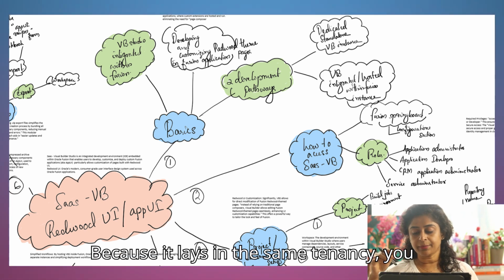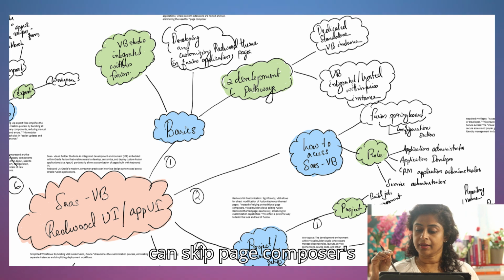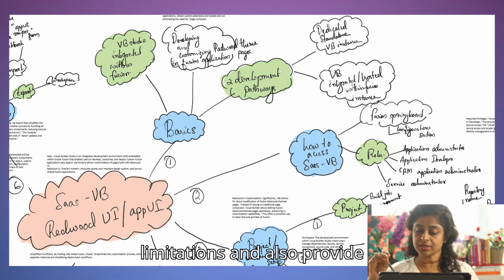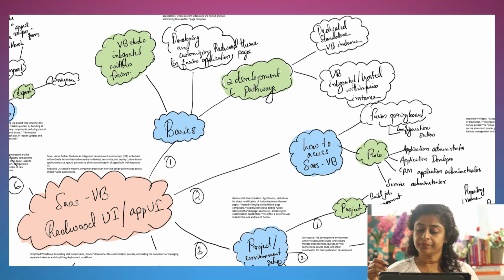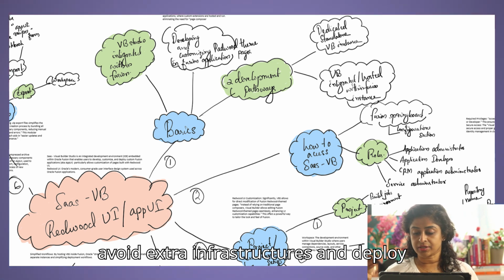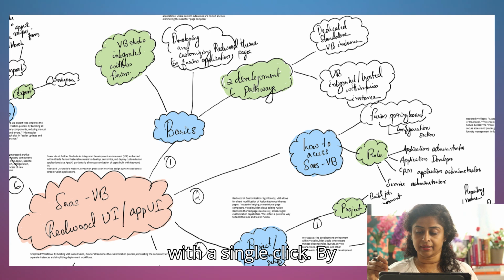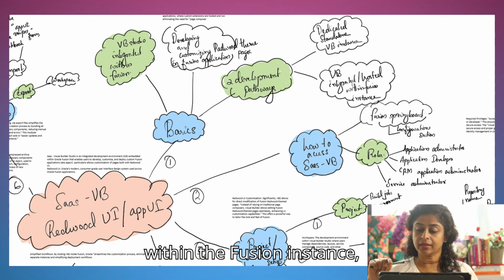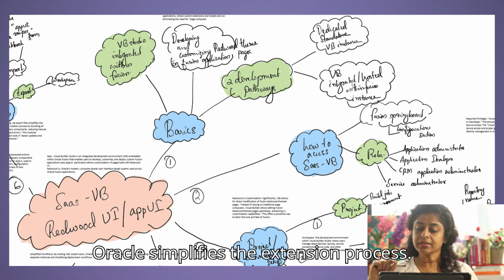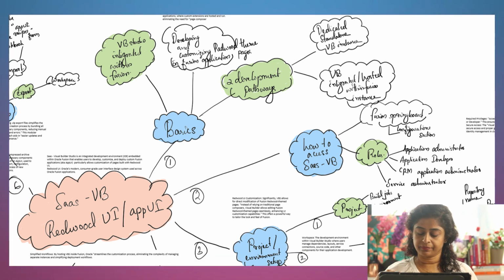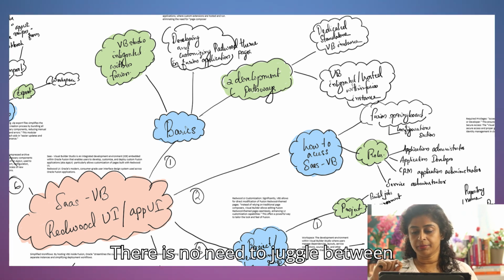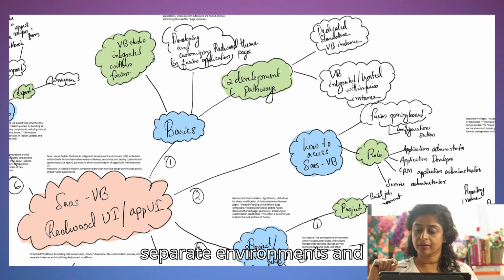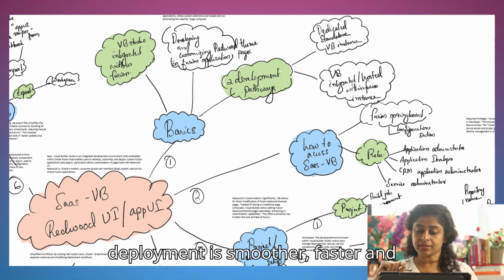Because it lives in the same tenancy, you can skip Page Composer's limitations and also avoid extra infrastructure and deploy with a single click. By hosting VB Studio directly within the Fusion instance, Oracle simplifies the extension process. There is no need to juggle between separate environments, and deployment is smoother, faster, and more secure.